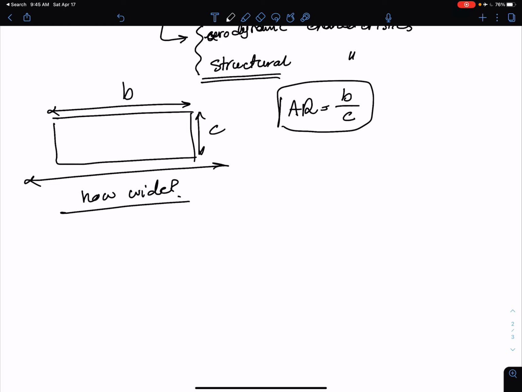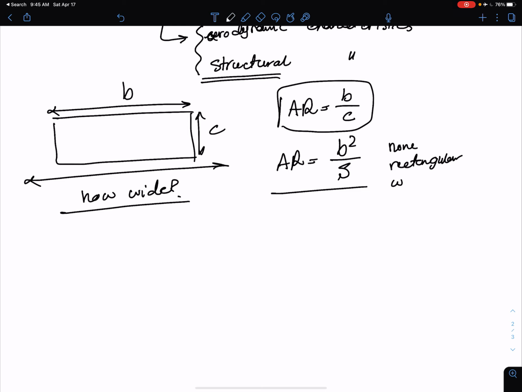If you don't have a constant chord length, you can use the span area for non-rectangular wings. Non-rectangular wings can use the span area, but for a rectangular wing we don't need to use the span area.